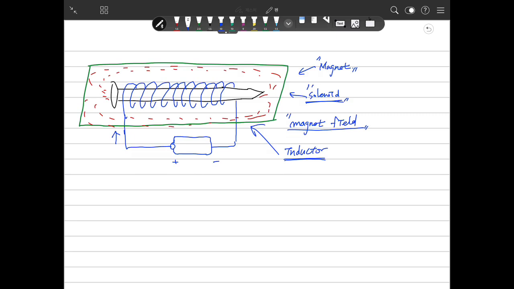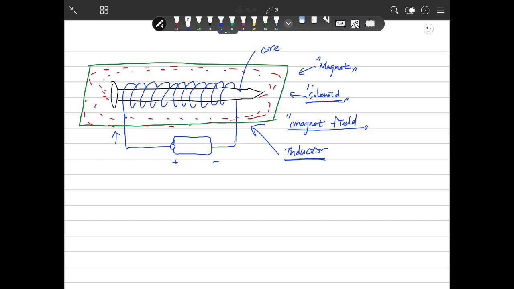So an inductor consists of a core. In this case the nail is the core. The reason we have a core is that the magnetic field can be generated depending on the material. With iron and ferrite, we can use them as the core, and the magnetic field can be generated well.